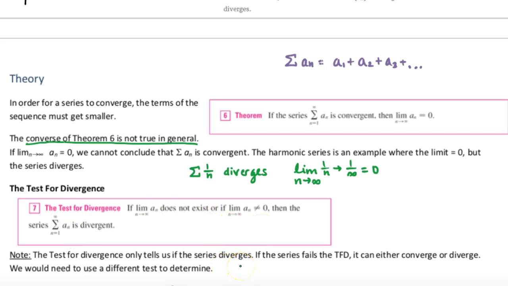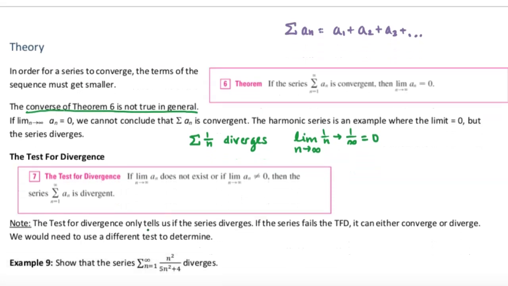Now, if this test fails, this can either converge or diverge. Again, if the test for divergence fails, it doesn't really say anything about the convergence, but if this test succeeds, then the limit's not equal to 0, then this series automatically diverges.